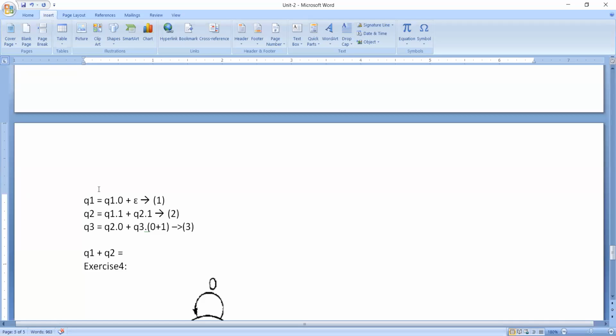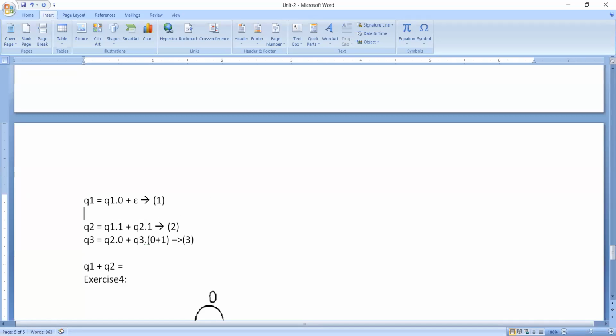Now please observe the first equation. As per our formula, R is equal to Q plus RP. So this is R, this is Q, this is R, and this is P. Already it was in a simplified form, so the solution will be R is equal to QP star.